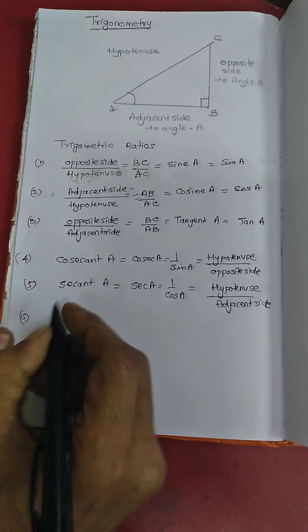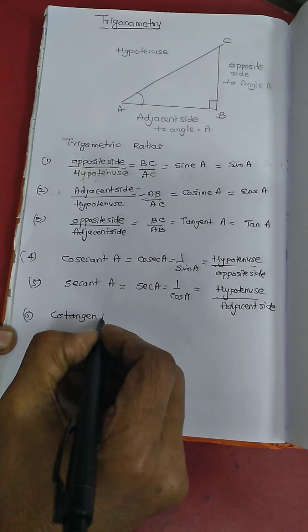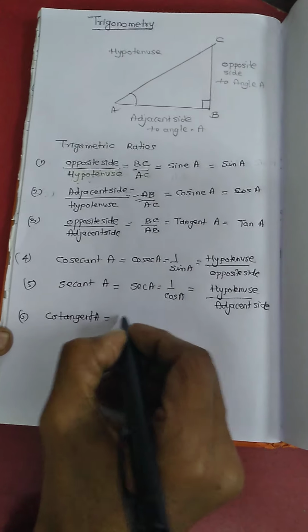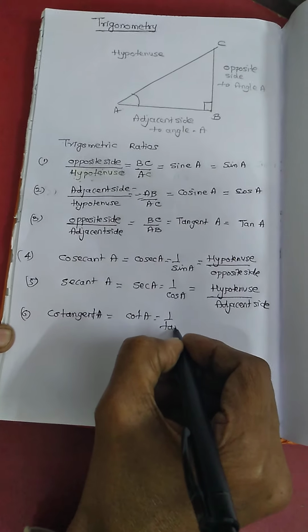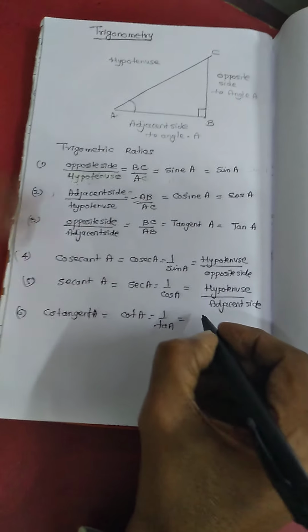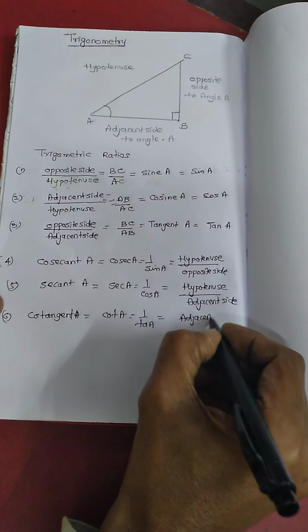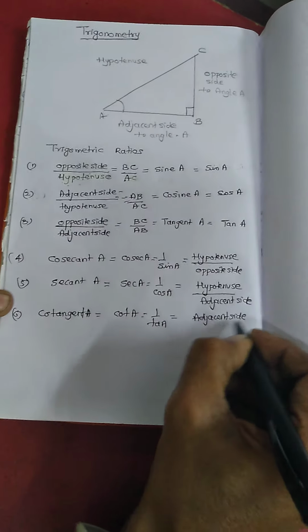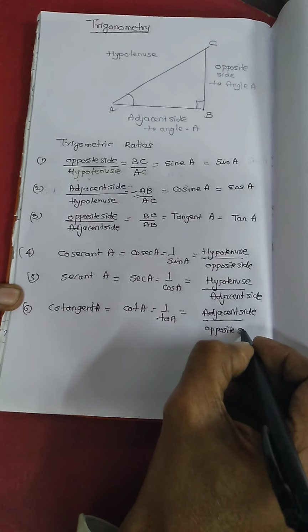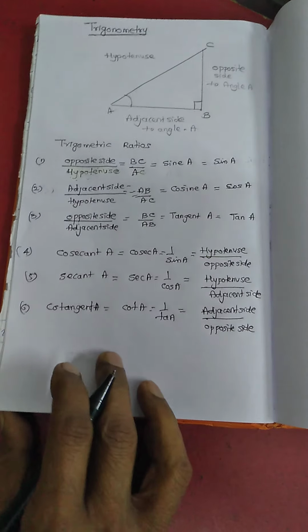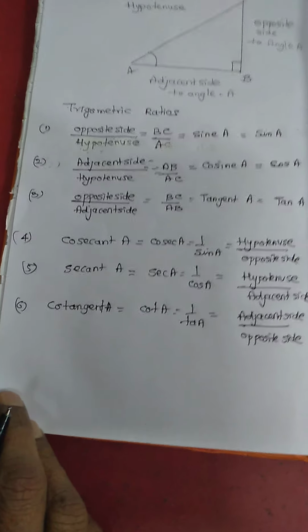And the sixth one, cotangent A, generally written as cot A, is 1 by tan A, nothing but the reciprocal. That's adjacent side by opposite side. So these are the 6 ratios we get from this right angle triangle ABC.